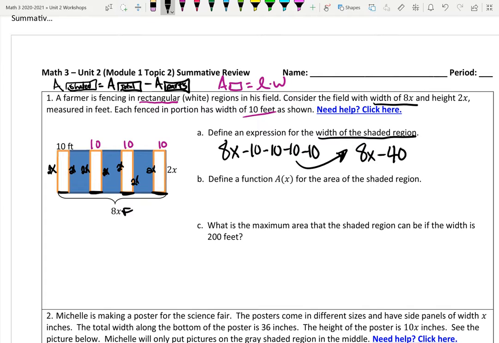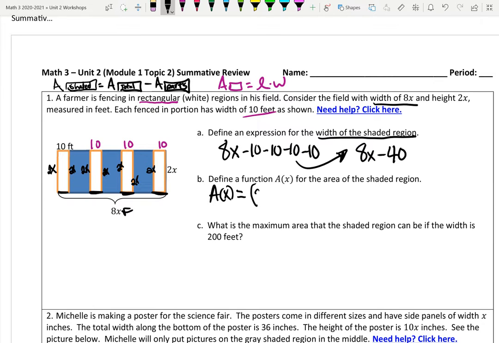For B, I have to define the function A of x for the area of the shaded region. So what I'm going to do here is first name my function. It's given. They want the answer in the form of A of x, which makes sense because it's area. And the shaded region is going to be the width times the height. So what I need to multiply here is the width, which I calculated.